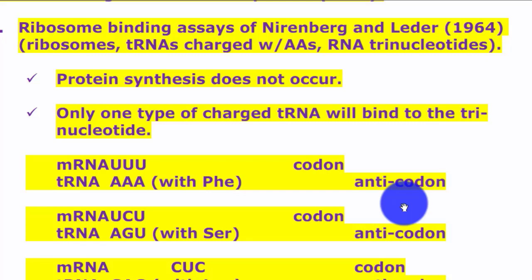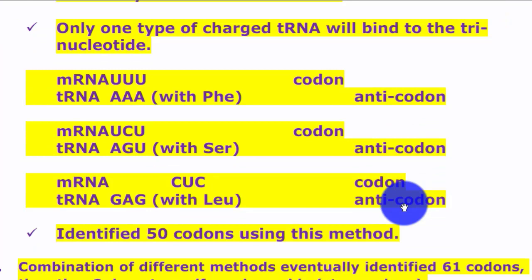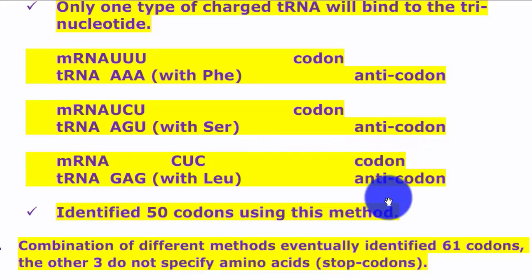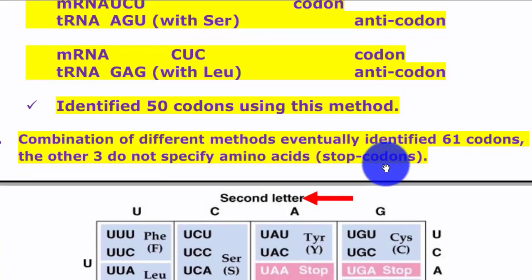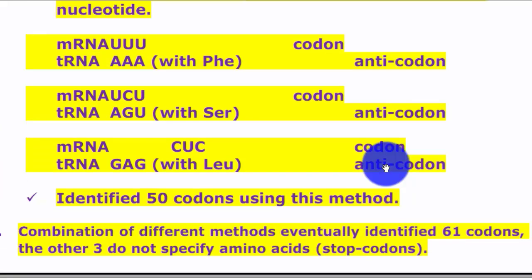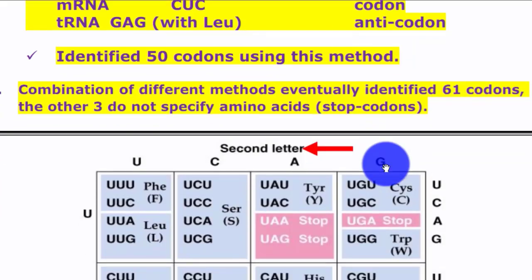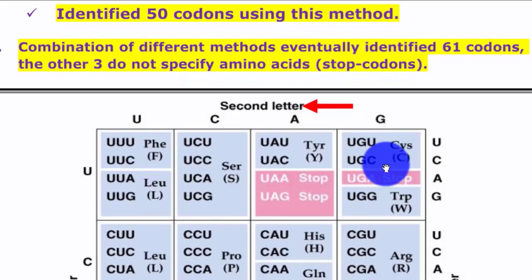Only one type of charged transfer RNA will bind to the trinucleotide messenger RNA UUU with phenylalanine codon, anticodon; messenger RNA UCU, transfer RNA with serine codon, anticodon; messenger RNA CUC with leucine codon, anticodon. Identified 50 codons using this method. A combination of different methods eventually identified 61 codons. The other three don't specify amino acids.